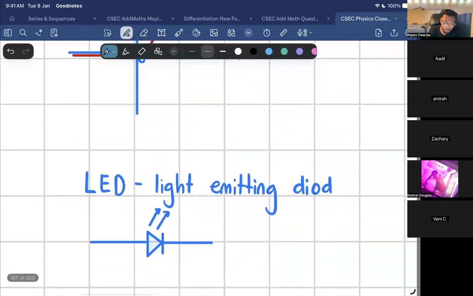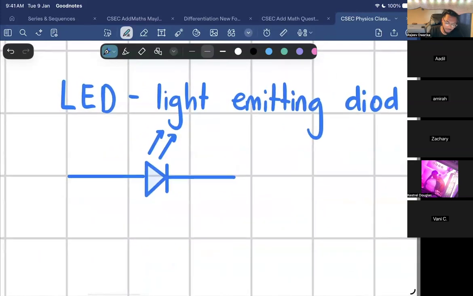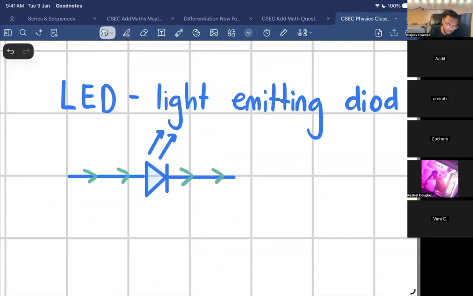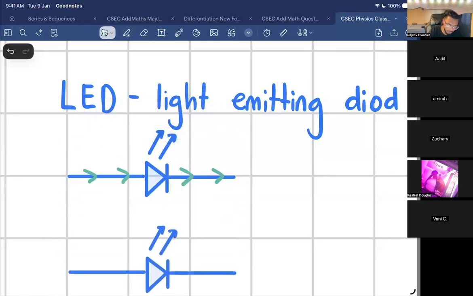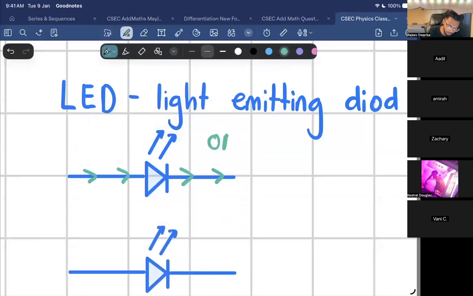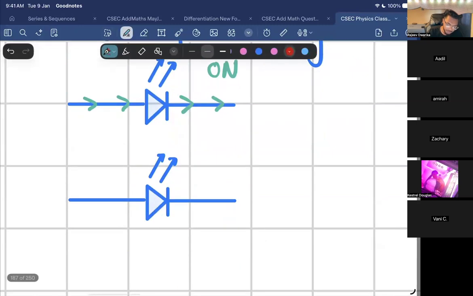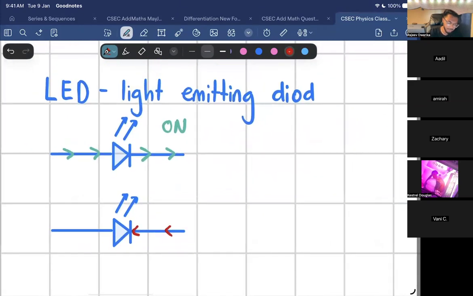So the diode has the same property. It will only come on when I put the diode in this configuration. If you supply current in the other direction, it will not come on. Watch. Over here it'll be on, but if you try to put current in the other direction, will the current be able to pass through? No, sir. So will the LED shine? No, sir.